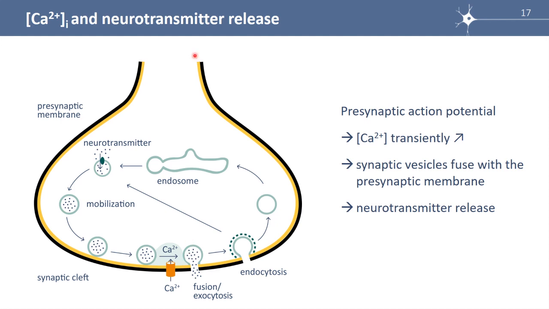To summarize, an action potential arrives at an axon terminal. It depolarizes the membrane up to around 20 millivolts, causing the opening of high-threshold voltage-dependent calcium channels. Calcium ions enter and trigger exocytosis and the release of neurotransmitter.